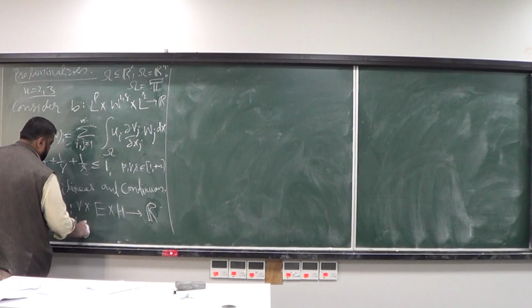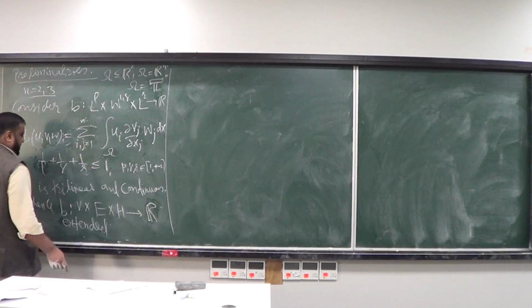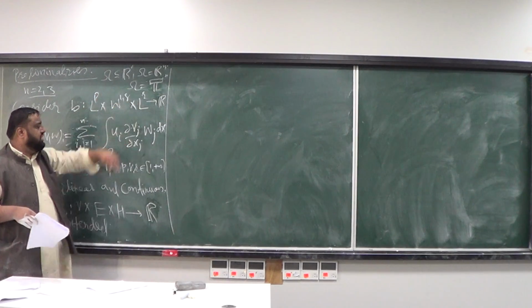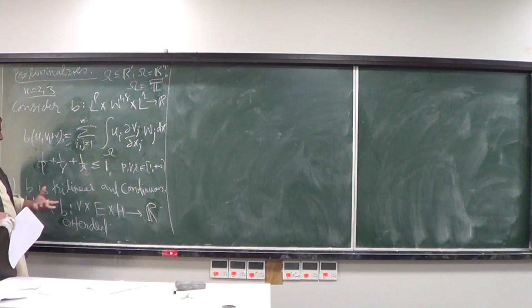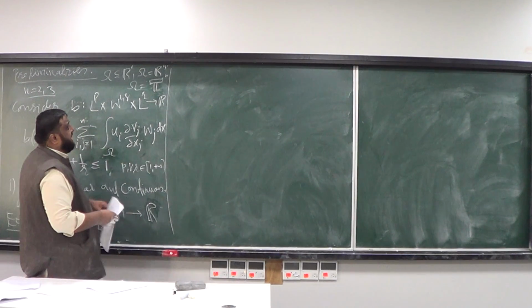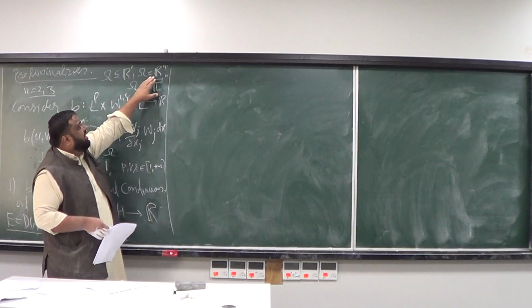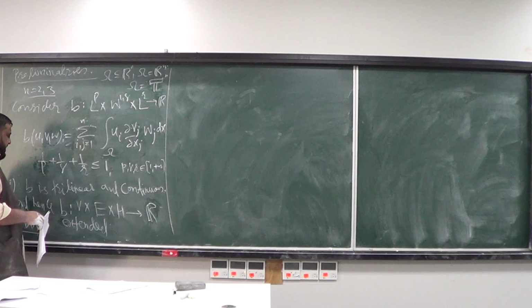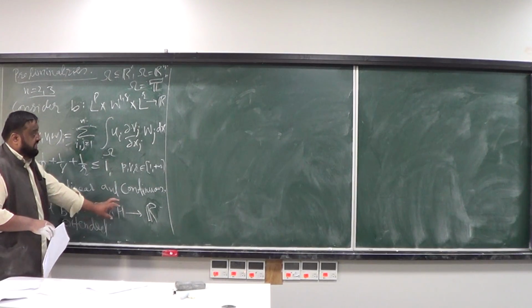This is extended. Where V is what? We know the V in each one of these situations. E is the domain of the Stokes operator A, and H is, as we have defined it, in case of R^n and in case of the domain being periodic. So B can be extended to this space.